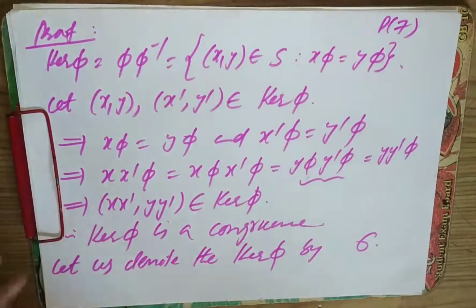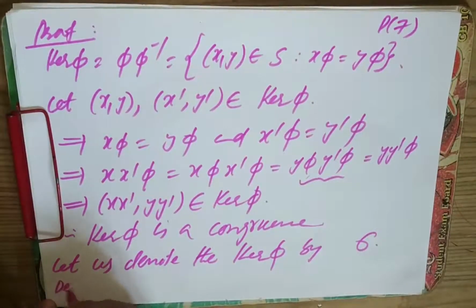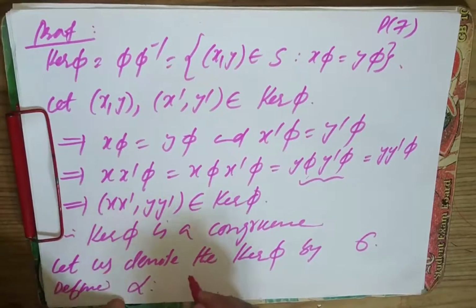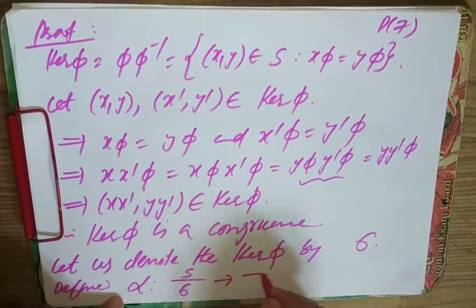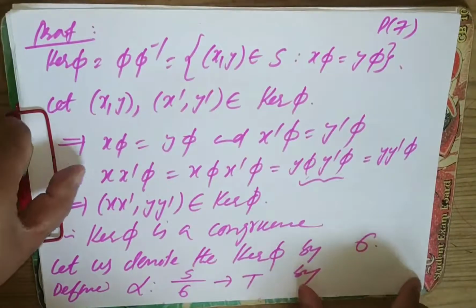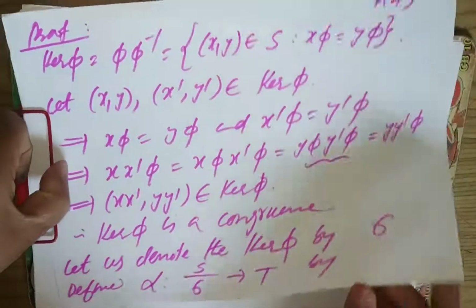So let's define alpha from S over sigma to T. What are the elements of S over sigma?